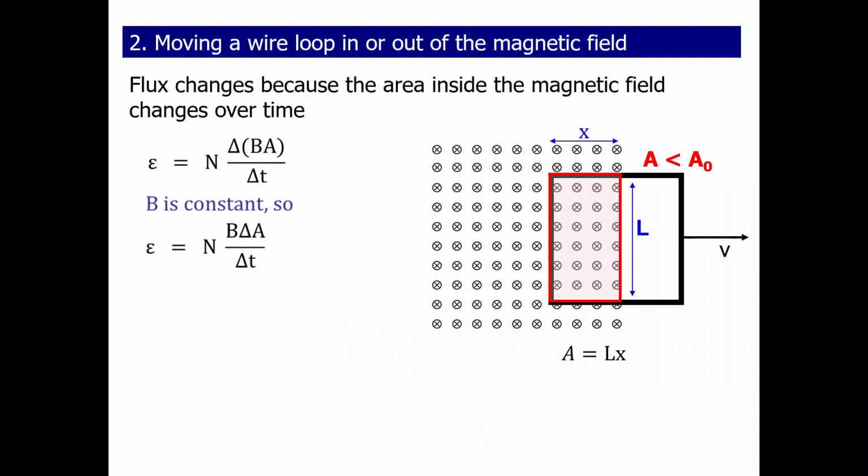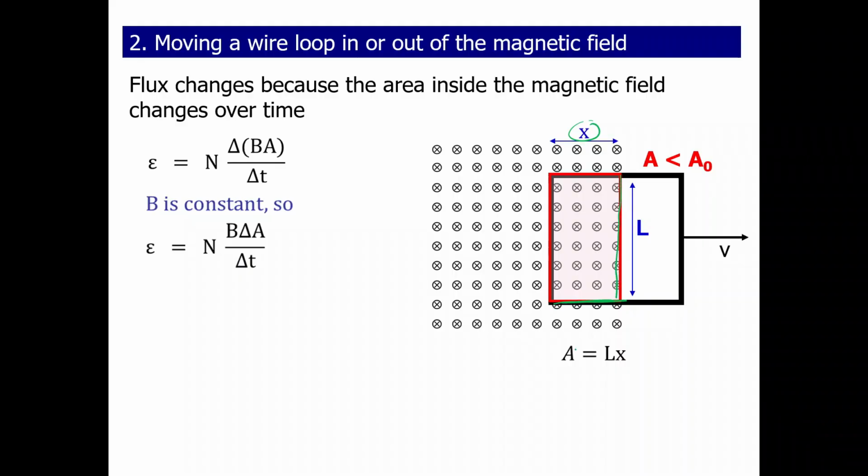If you wanted to derive this, basically you'd have to look at that speed V, because it's the speed at which it's being pulled through that we need to get into this equation. So if you define X to be the portion of the width that is in the field, area is going to be the length here, which stays constant, times X, the portion that's in the field.